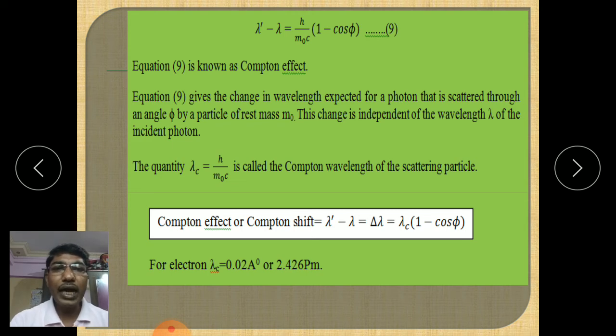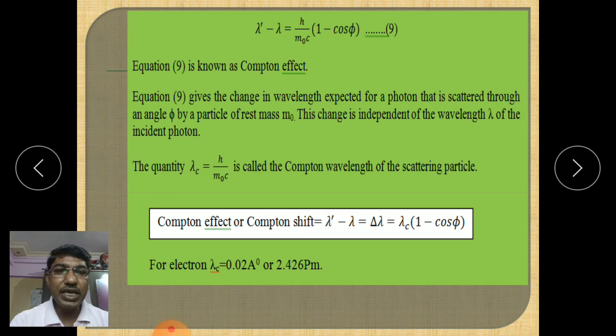Now equation 9 gives the change in wavelength expected for a photon that is scattered through an angle phi by a particle of rest mass m0. This change is independent of the wavelength lambda of the incident photon.